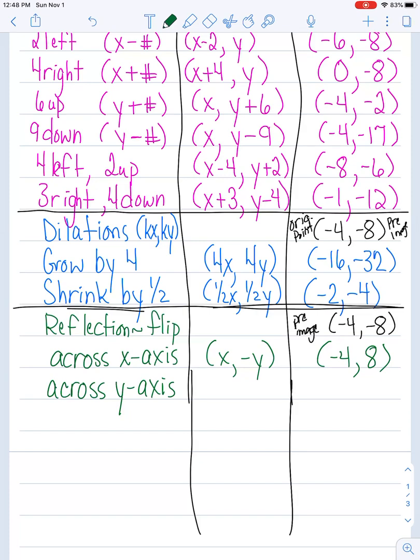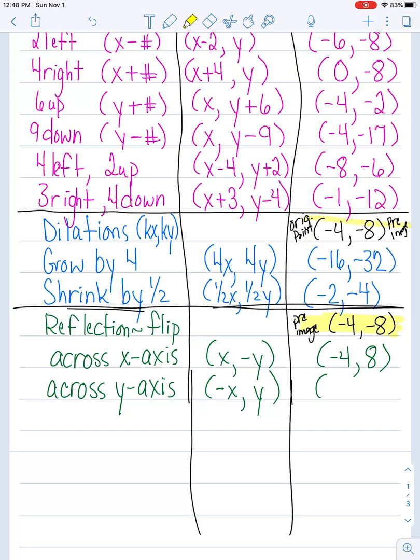Let's look at flipping across, or reflecting across, the y-axis. The rule is negative x, comma, y. These rules will never change. You just have to find them and use them. So to reflect across the y-axis, we change the sign of the first number. And I'm always going back to this point right here as my start.